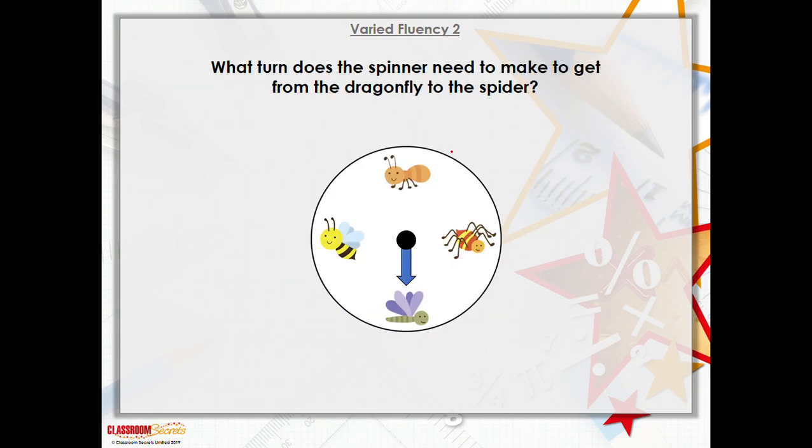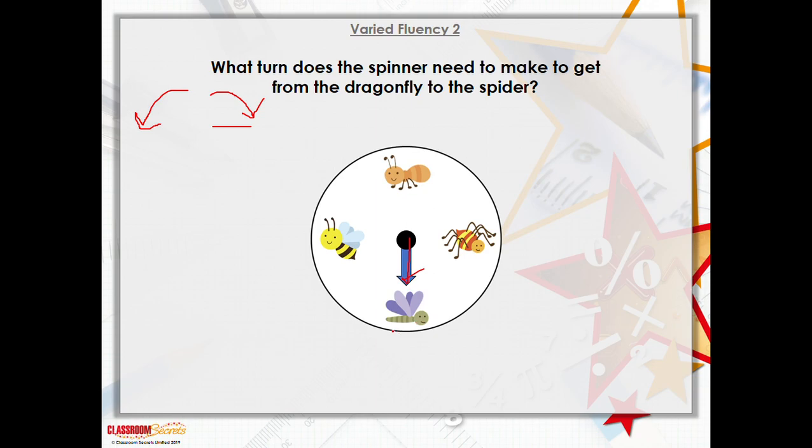Question 2 says, what turn does the spinner need to make to get from the dragonfly, which we're on now, to the spider? And there are two answers for this. Now you remember from the last slide that we can either move anti-clockwise or we can move clockwise. Let's go clockwise for the minute.